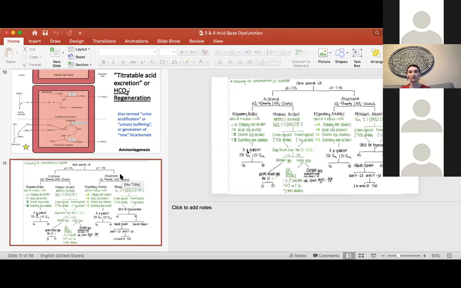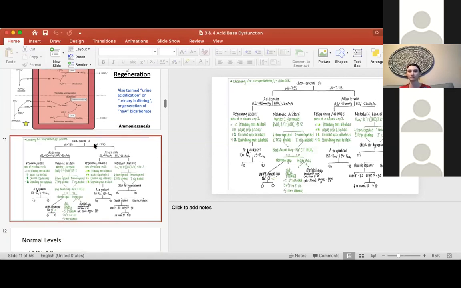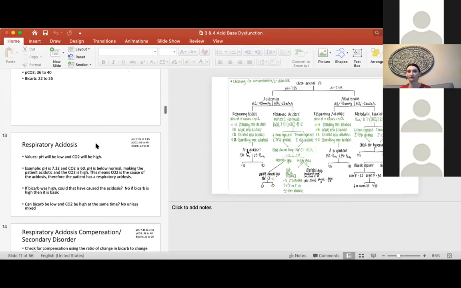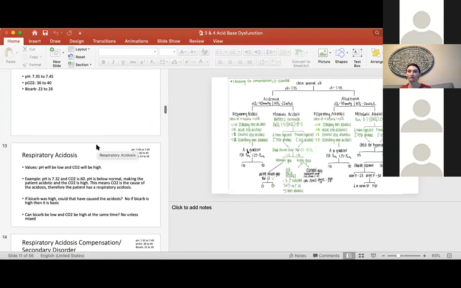Is it compensated? Yes or no? Okay, yes, it's compensated. Then it would be a metabolic acidosis with respiratory compensation. So it was sort of like first year doing the questions again, and I didn't have to do any math.